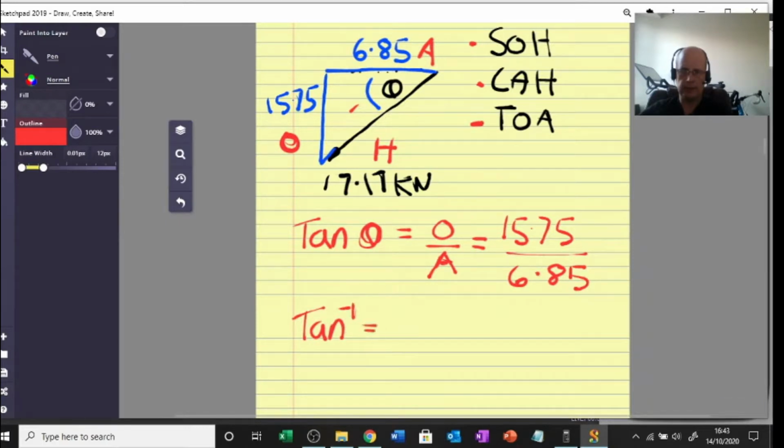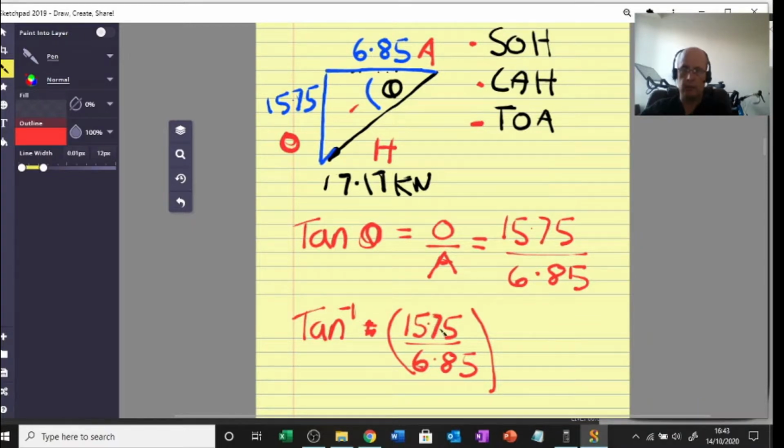So it's going to be tan to the minus 1 of 15.75 over 6.85. That's just how you do triangles. There's probably a video on this site somewhere on that, but that's just working out angles.